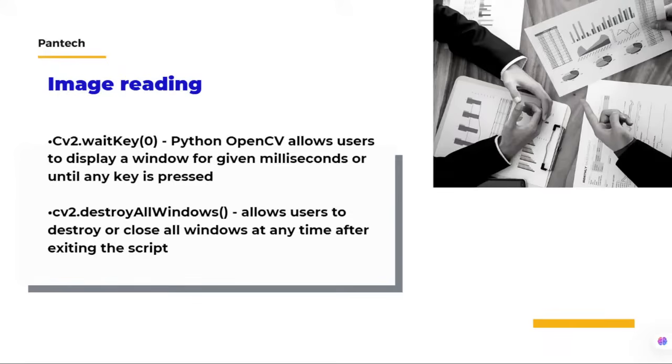Instead of 0, if I give 10 or 100, the window is held only for some milliseconds. That is the output window. Okay, and destroyAllWindows allows the user to close all windows at any time, after exiting the script.